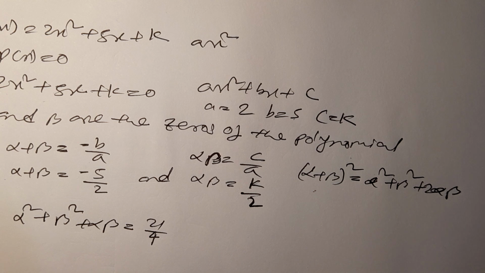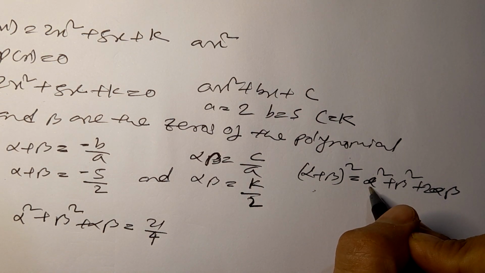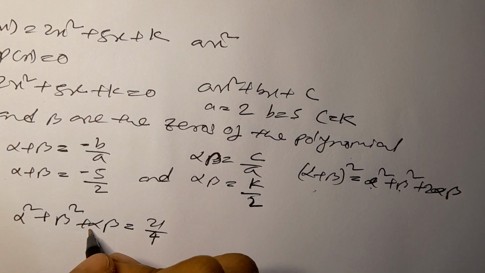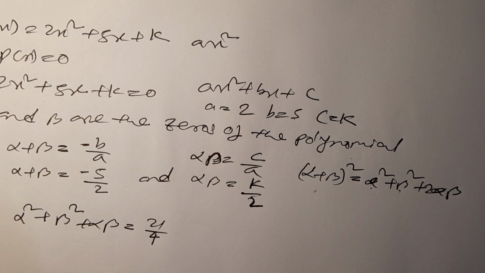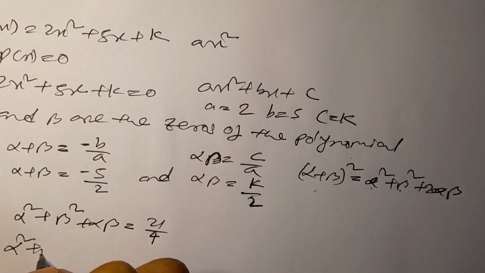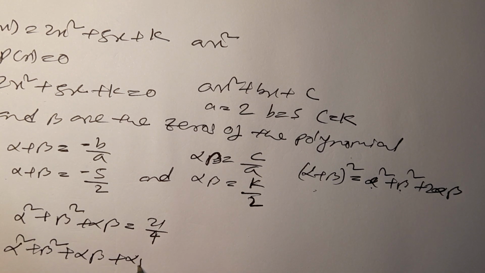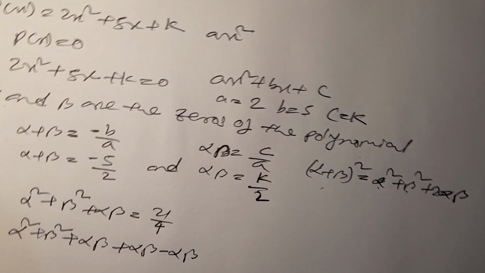I have alpha square and beta square, but here I have only one alpha beta and I need 2. So I am going to add another alpha beta and subtract alpha beta, because it gives 0, but I need it, that's why I have to arrange it.